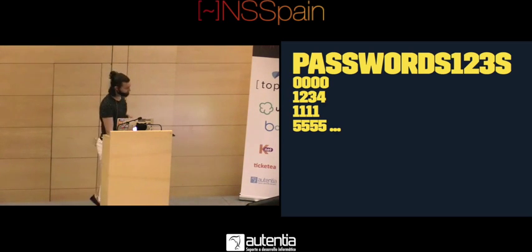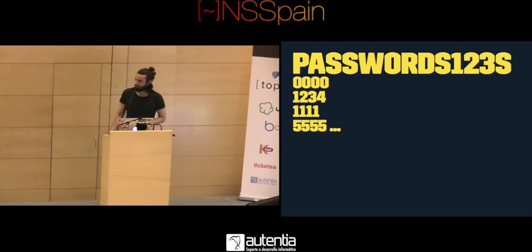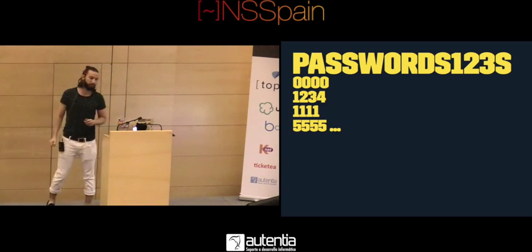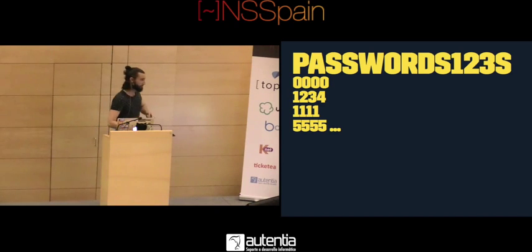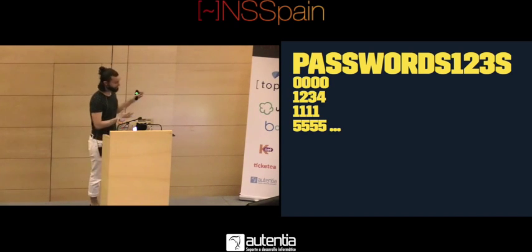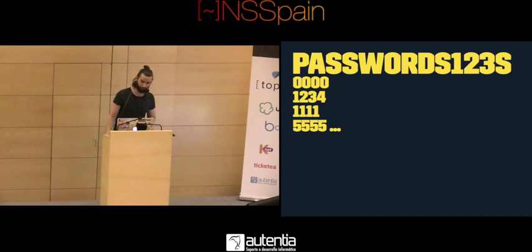And if you try the top 10 passwords, these are the top 4, made up by me, but I'm sure they're pretty accurate, you can get into someone's data. Around 15% of everyone's passcodes end up being somewhere in the top 5 or the top 10.